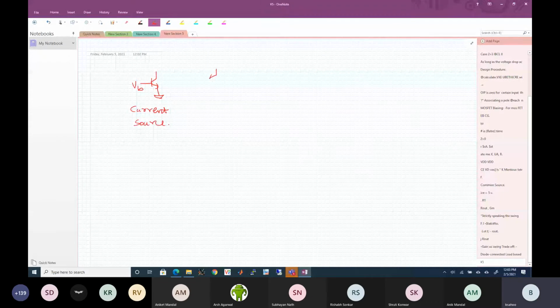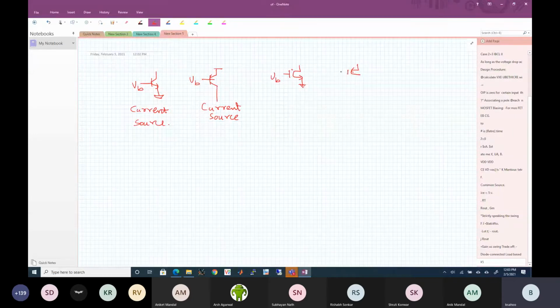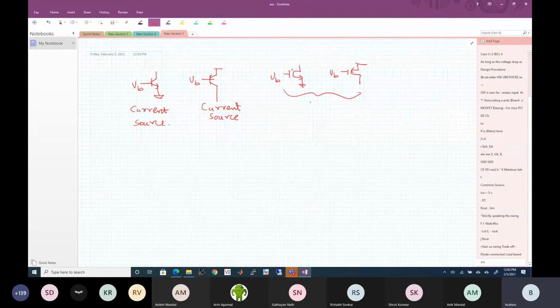Similarly, a PNP, if I apply a bias voltage, this will also behave like a current source. Similarly, an NMOS, if I connect a bias voltage, it is also a current source. And similarly, a PMOS with a bias voltage also behaves like a current source.